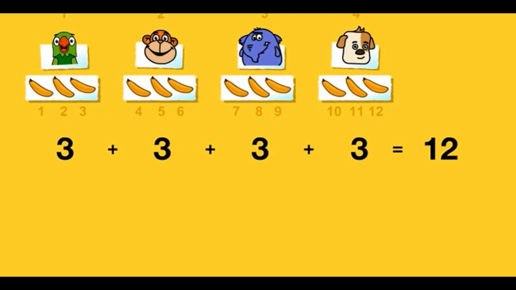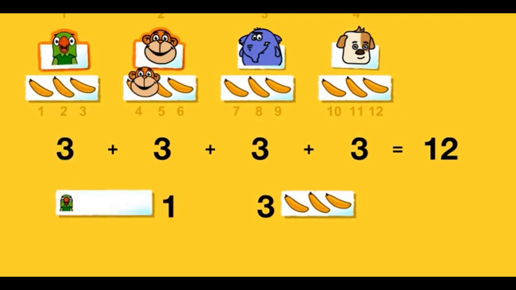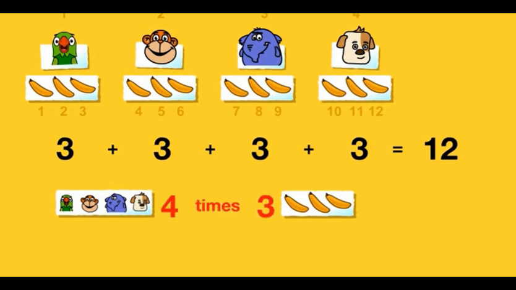Let us look at 3 plus 3 plus 3 plus 3 equals 12 another way. Each person has 3 bananas. And there are 4 people. So altogether 4 times 3 bananas.